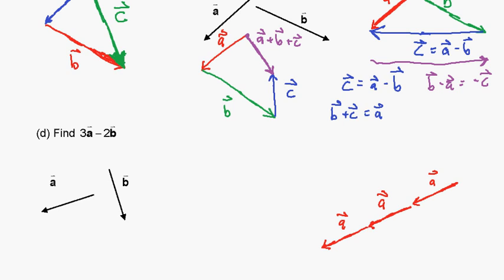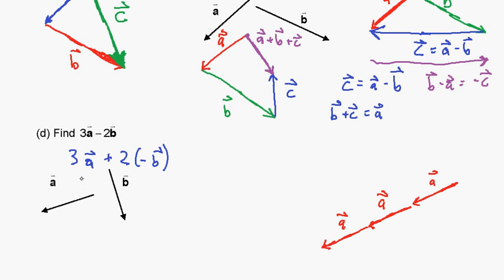Now the trick here is, the easiest way to do this, I think, is instead of going 3a minus 2b, you go 3a plus 2 times negative b. There we go.